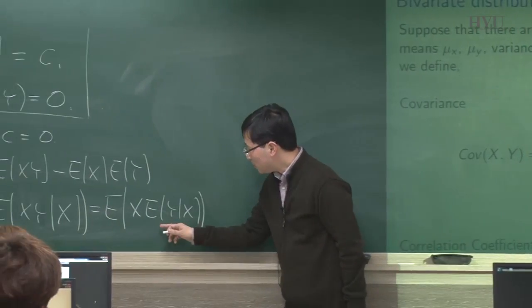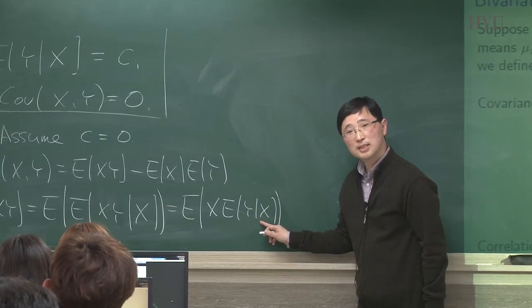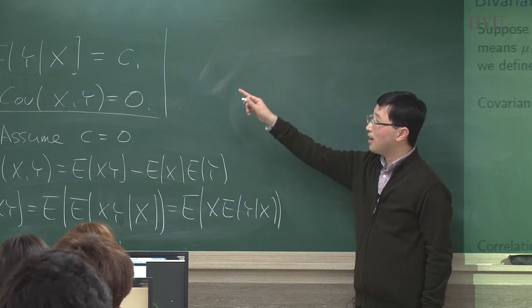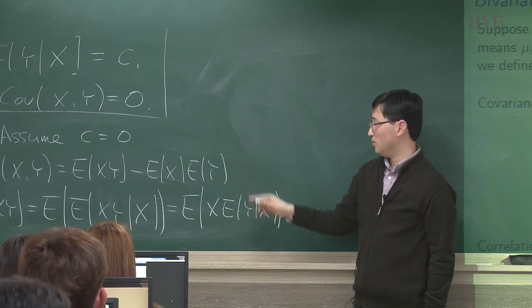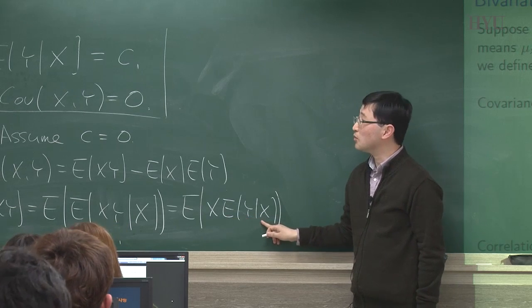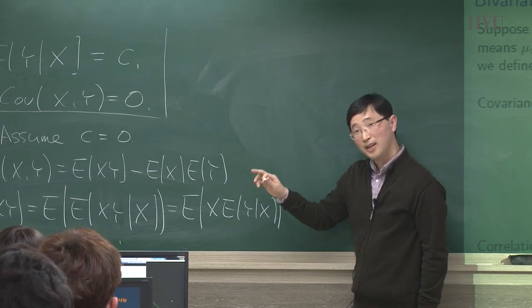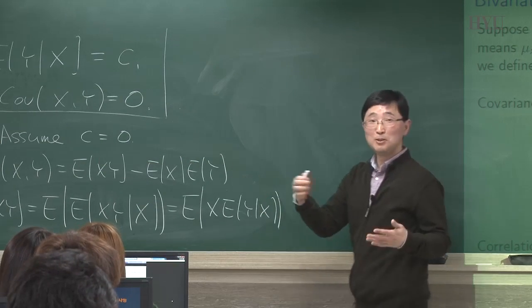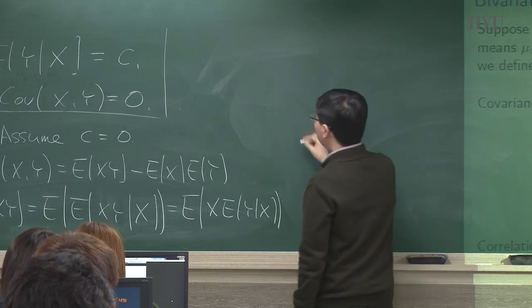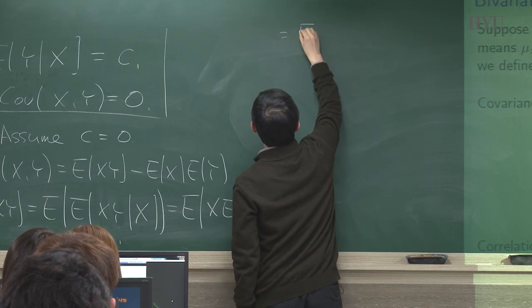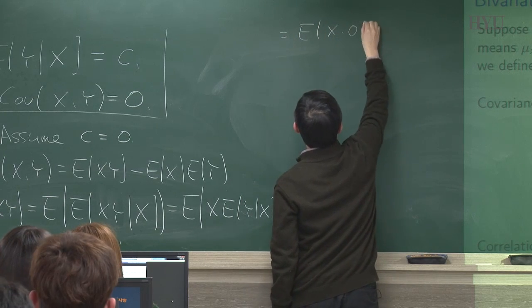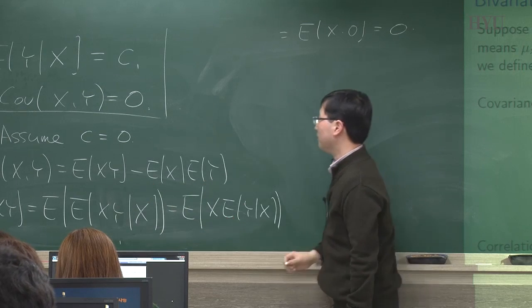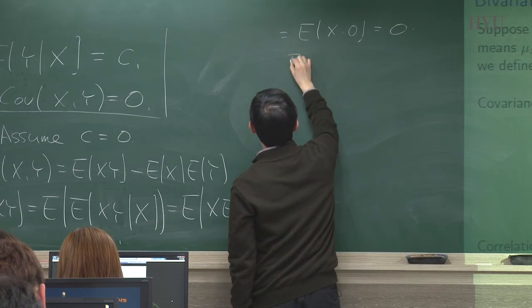Now let's think about this. What is the E of y given x? What is the conditional mean of y given x? 0, right? C or 0 in this easier version, right? So this is going to be E of x times 0, which is 0. So this part is 0. Now let's think about E of y.